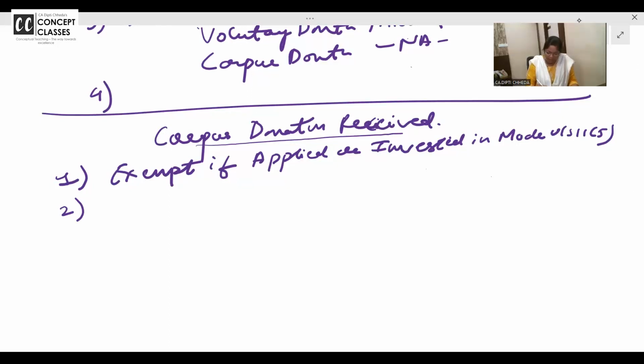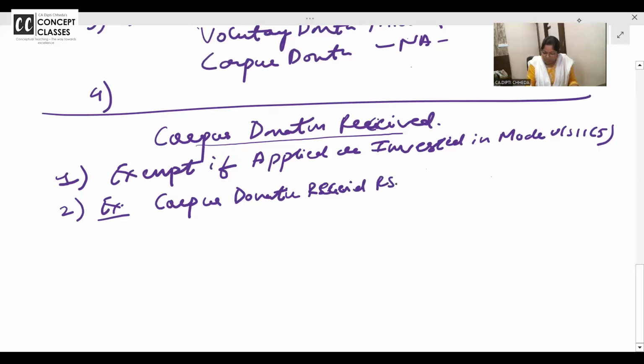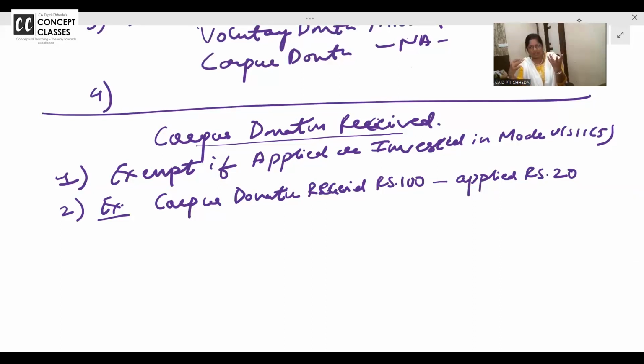Now the next point I want you to write. Suppose, for example, corpus donation received is rupees 100. It is exempt provided you invest it in 11.5. Now here, applied rupees 20. You have to apply out of voluntary donations.